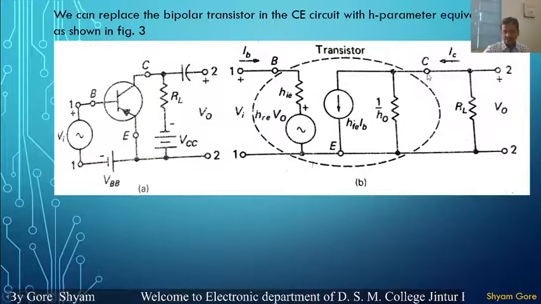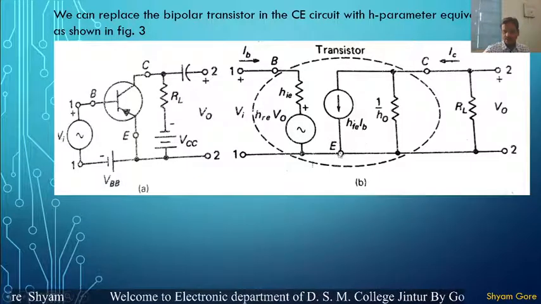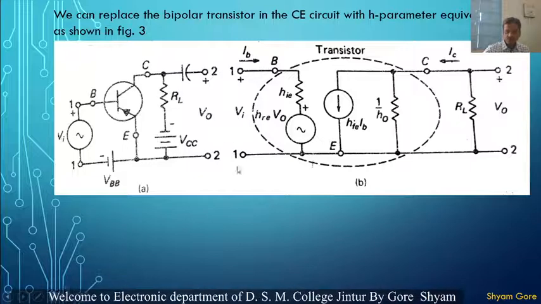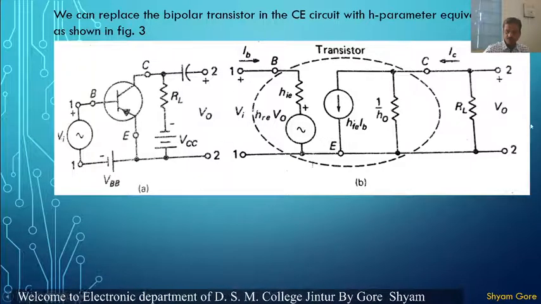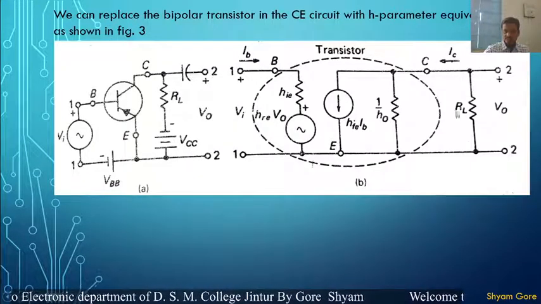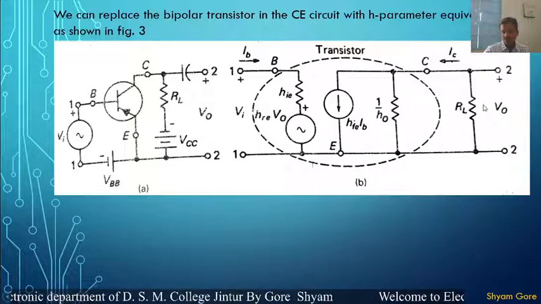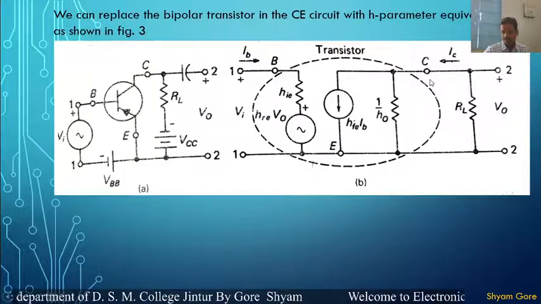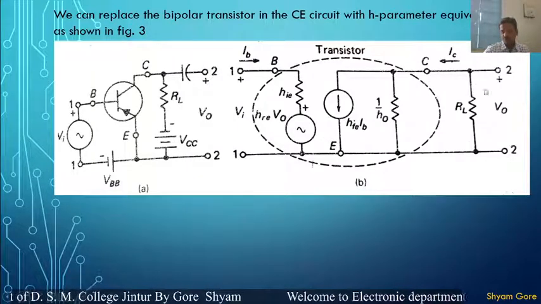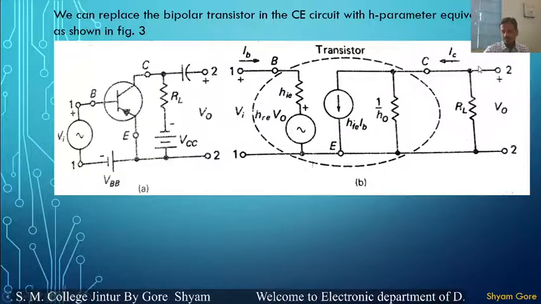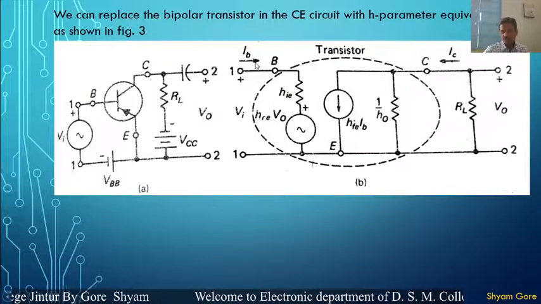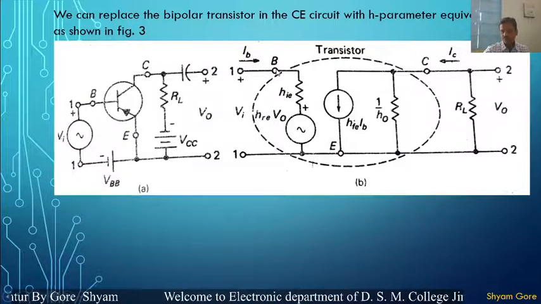Here this is the base, this is collector, and this is the emitter, and these two terminals are the input terminals, or this is the input port and this is the output port, and here the load resistance RL is connected between collector and emitter, and the output voltage is the VO, and the output current which is flowing through this transistor is the IC, and input current is the IB, which is flowing through the base.